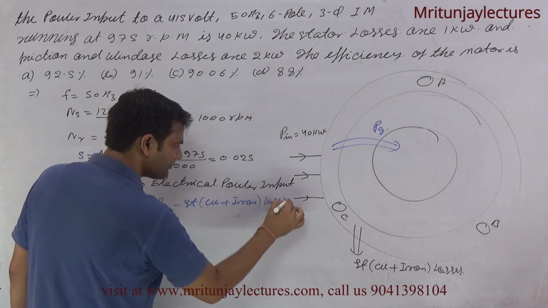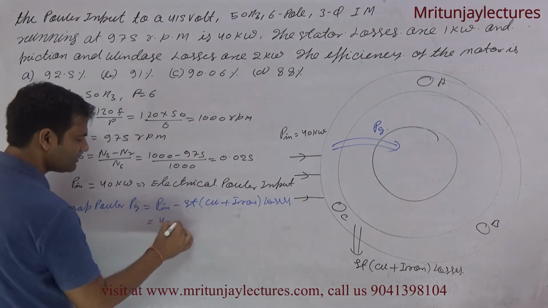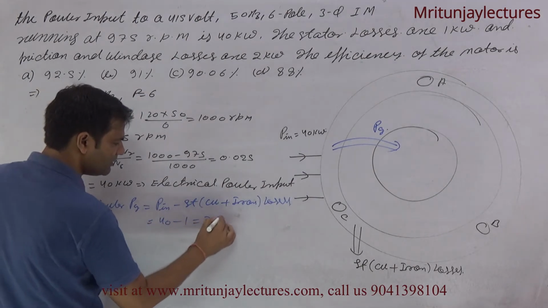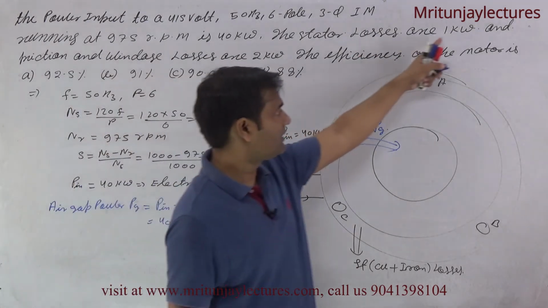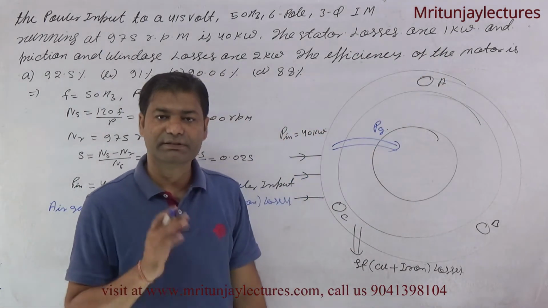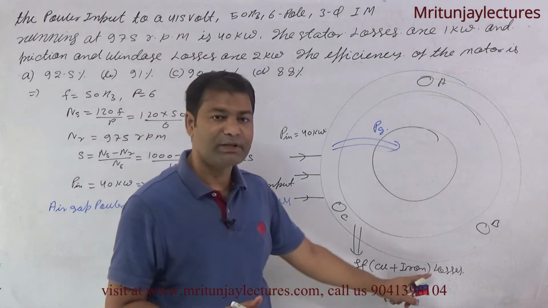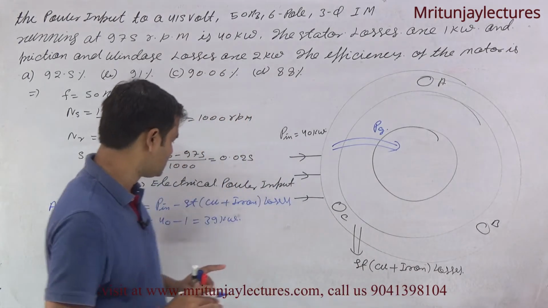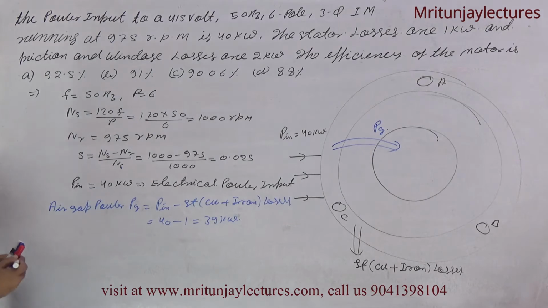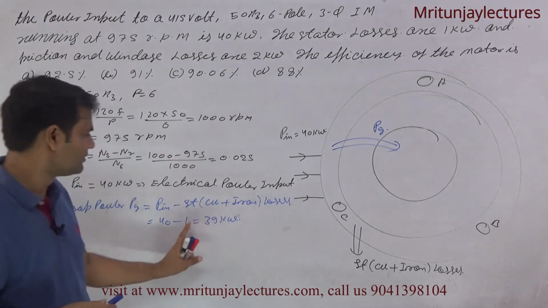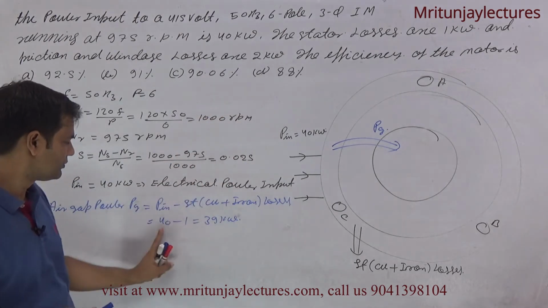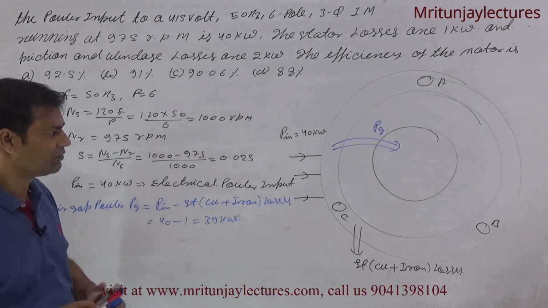Clear? In the corresponding question, the stator losses, meaning stator copper loss plus stator iron loss, are given as 1 kilowatt. So 40 minus 1, that is 39 kilowatt.